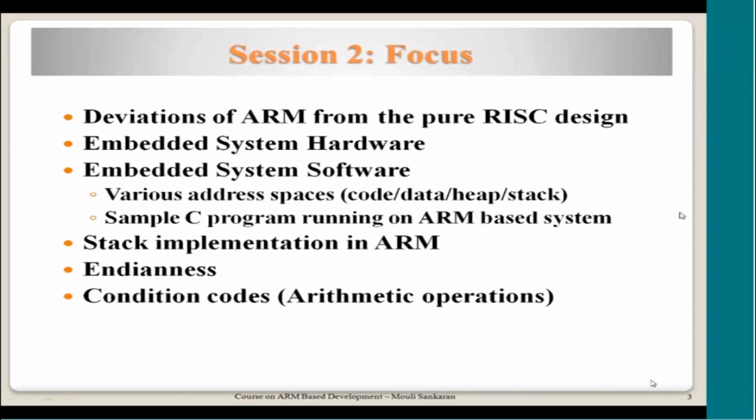We know, though we claim that ARM is a RISC-based design, there are some deviations, and we will see why there are some deviations and what their advantages are. And we'll just touch upon embedded system hardware and software because ARM is built for this market, and we should have a clear idea of where ARM is used and how the software developed for ARM runs on the embedded system.